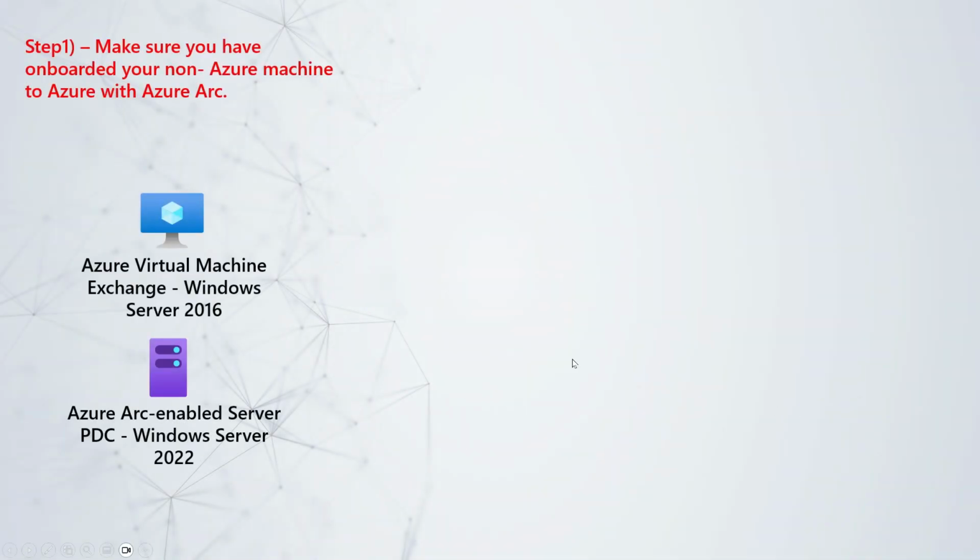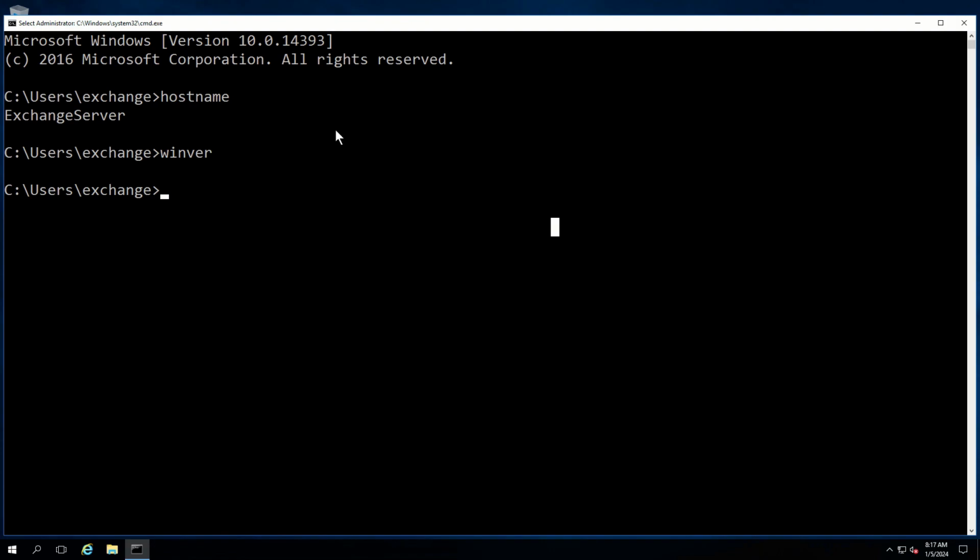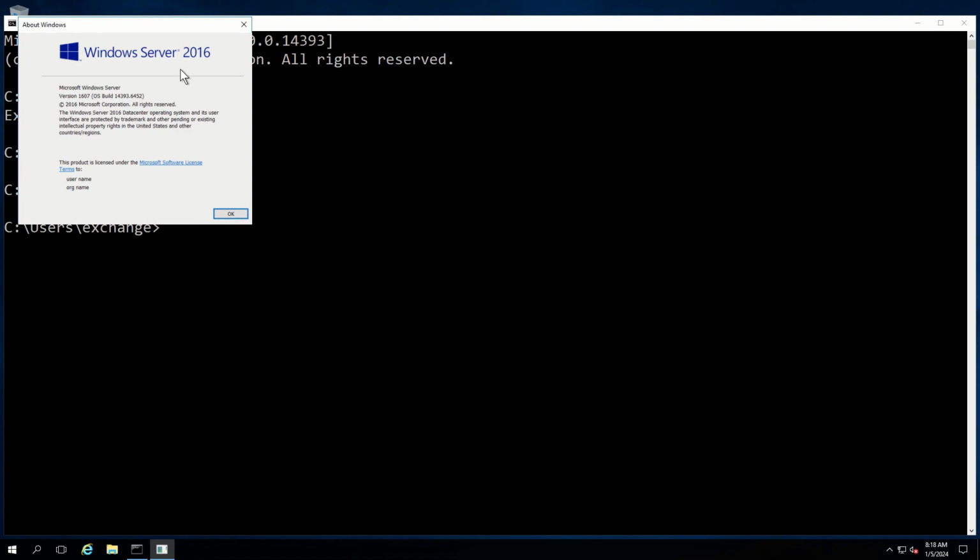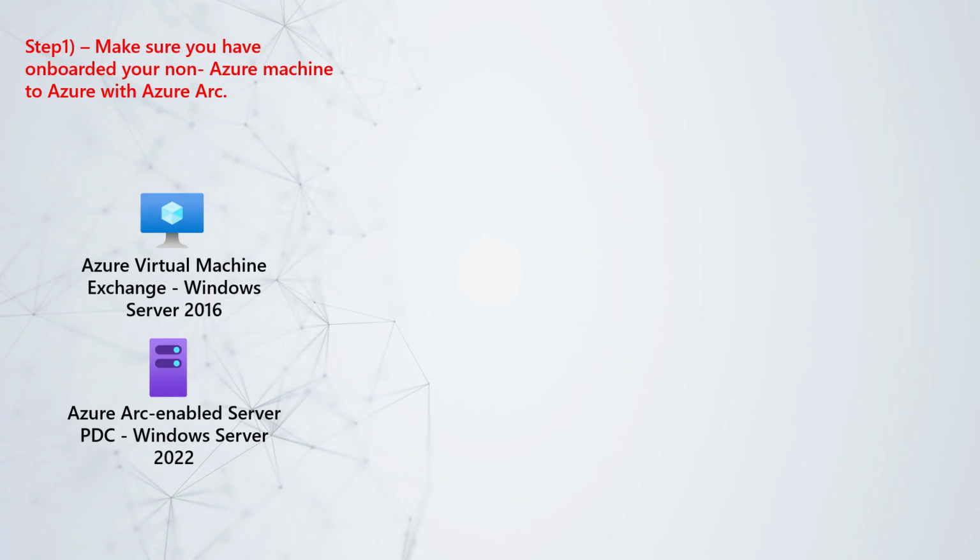Now let's see how exactly everything is going to work. There are two virtual machines that I have in this case. The very first one is in Azure, the host name is Exchange Server, and this is Windows Server 2016. So this is my machine which exists in Azure. Now the other machine that I have is an Azure Arc enabled server.